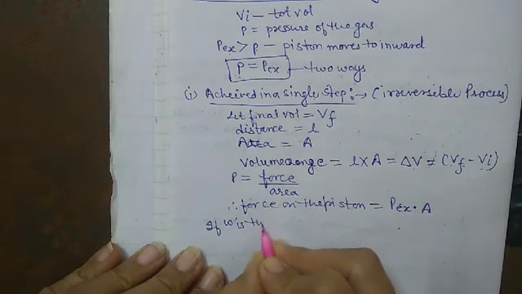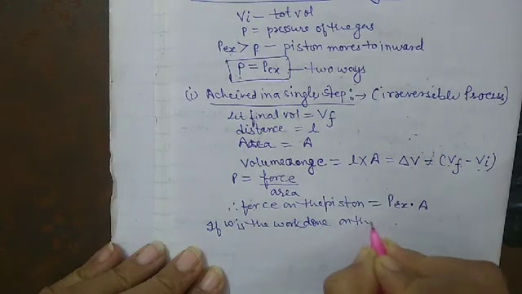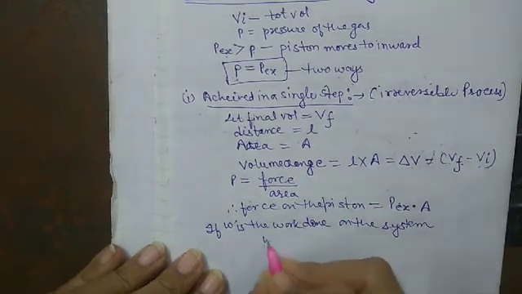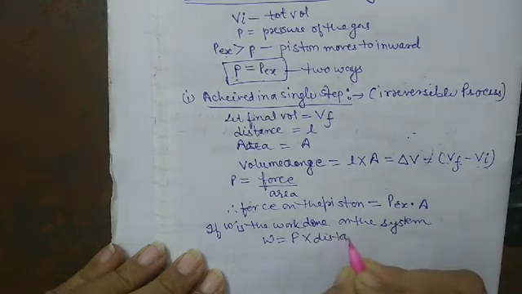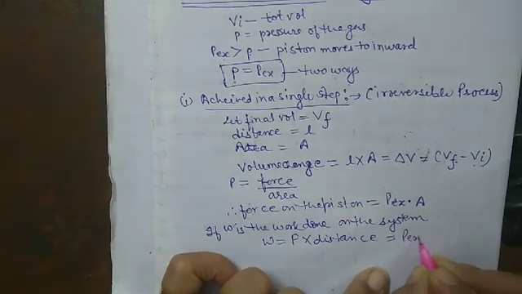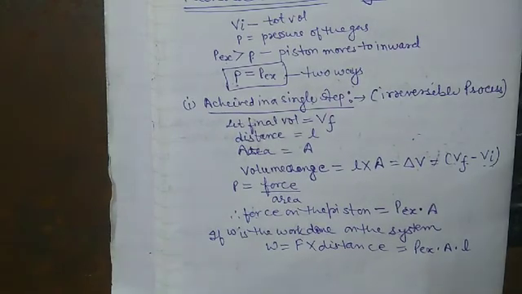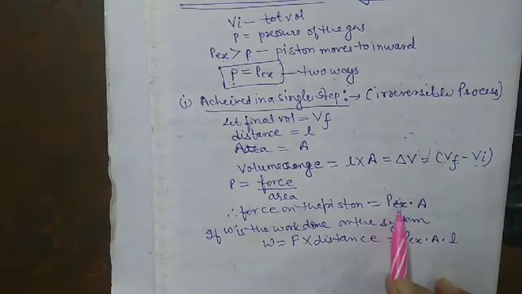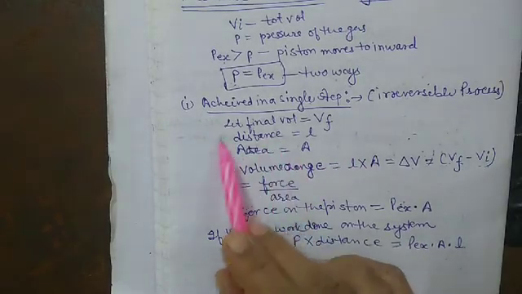If W is the work done on the system by the movement of the piston, then W is equal to force into distance, that is P external A L, where the value of the force is P external A and L is the distance traveled by the piston.